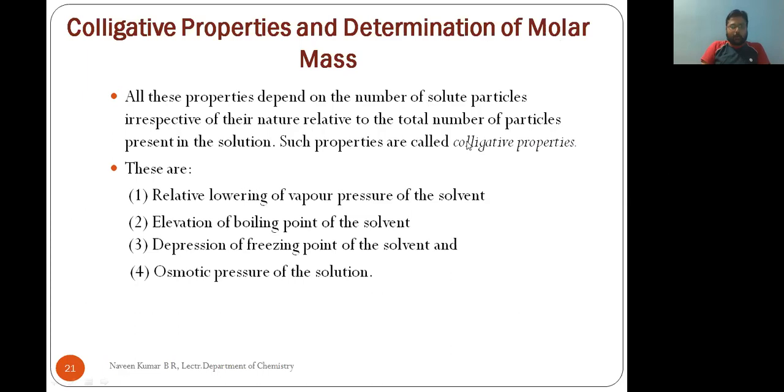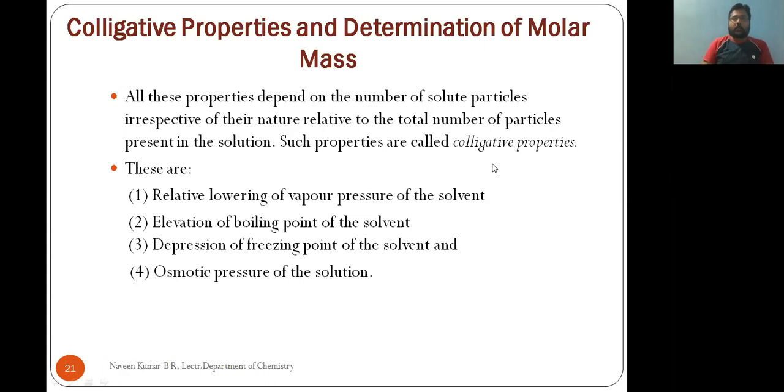That is, any property of the solution whose measurement depends only on the number of solute particles but not on the nature of solute particles is called a colligative property. So it is only with respect to the solute, not the solvent. Solvent nature is very important in understanding colligative properties.